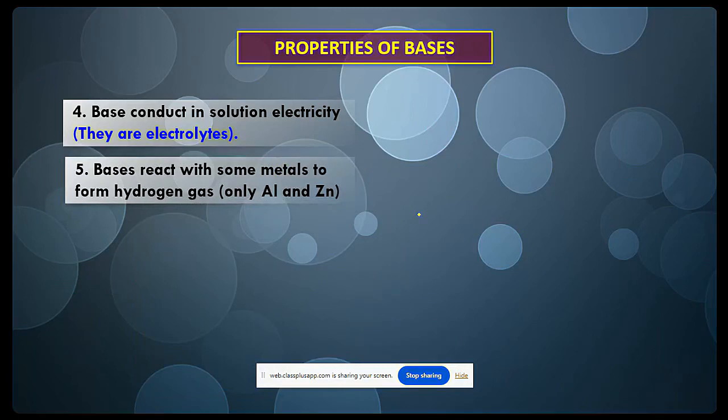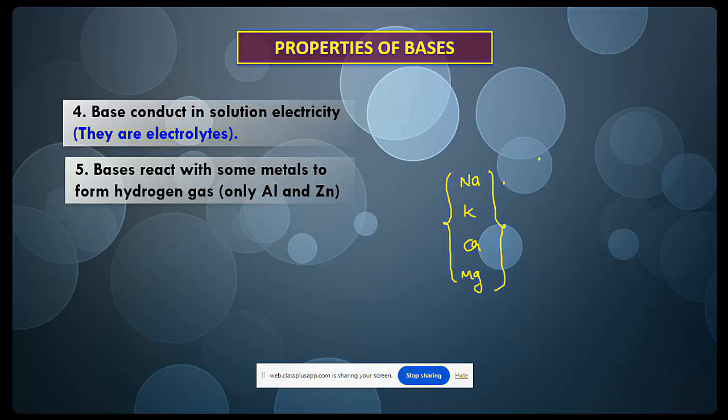Bases react with some metals to form hydrogen gas. Here, if you see sodium metal, potassium, calcium, magnesium, there is no chance to react with these because their hydroxides all come under bases.